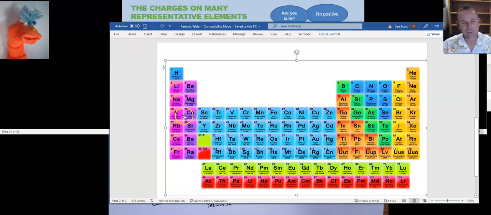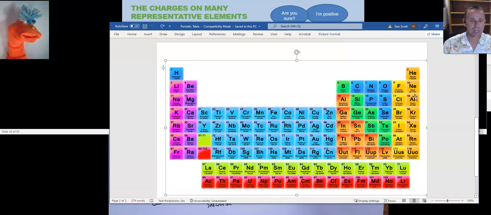So if calcium wants to attain a noble gas electron configuration, how does it do that? What does that mean again, attain a noble gas electron configuration? To have a noble gas electron configuration is just a fancy way of saying to have the same number of electrons as one of these noble gases. So if it has 20, what can it do to have the same number of one of these? Lose 2 electrons. That's right, lose 2 electrons. That'll give it a noble gas electron configuration similar to that of argon.